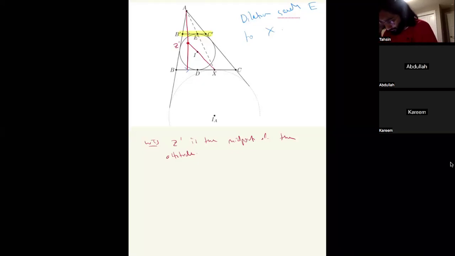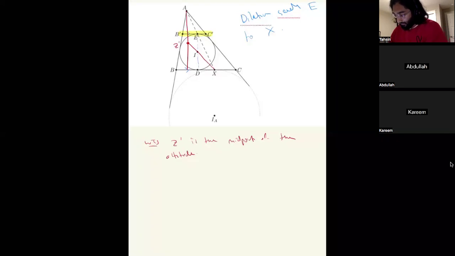But now what can we do? Well, now because of the dilation, there's this very nice triangle we have here.